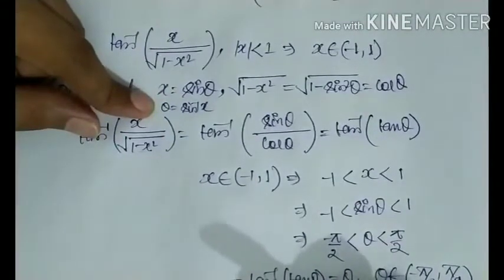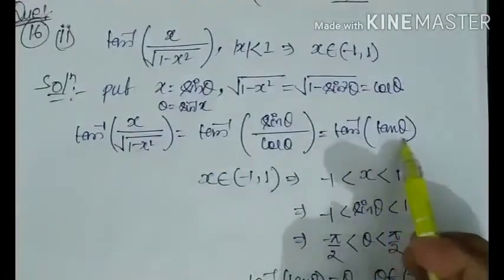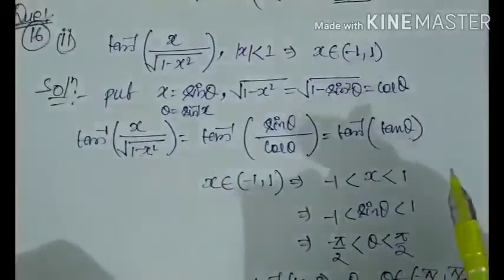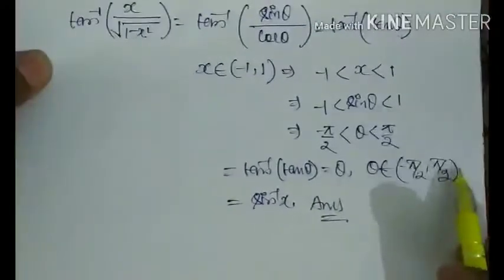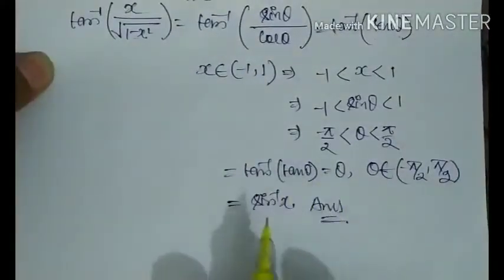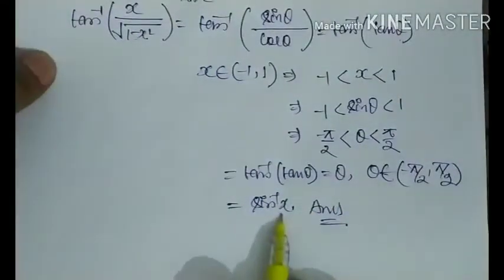This is our answer. Tan inverse tan theta equals theta when theta belongs to minus pi by 2 to pi by 2, and then theta is sine inverse x. This is our answer.